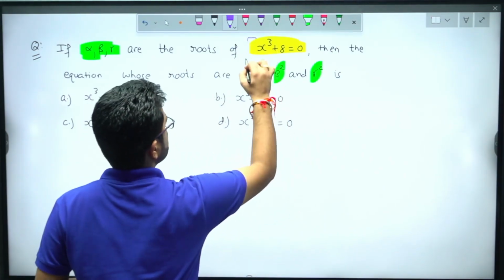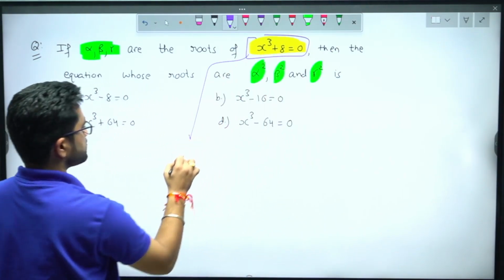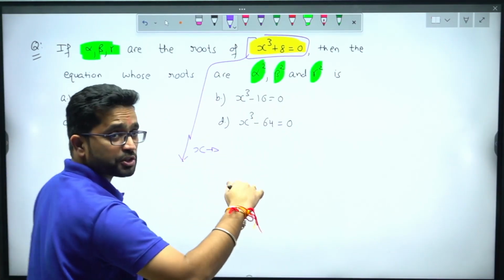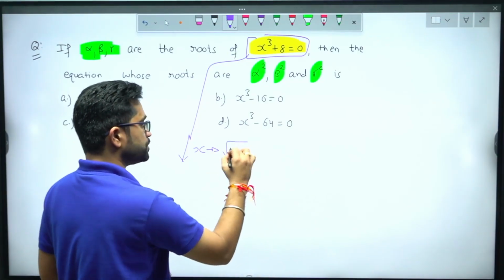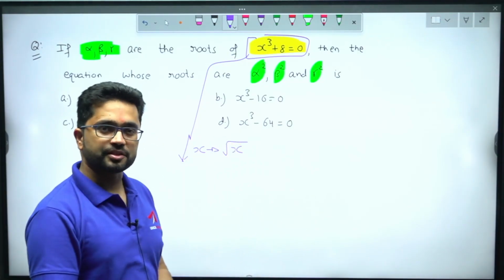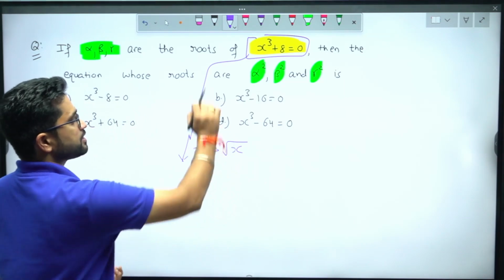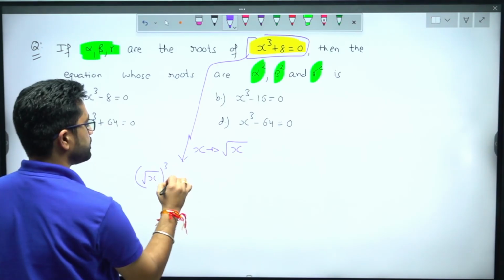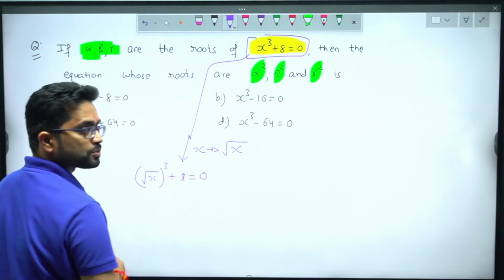So what will I do? Simply replace x with what? What is the reverse operation of square? Just take the square root. So simply replace x with root x. You will get (root x)^3 + 8 = 0.